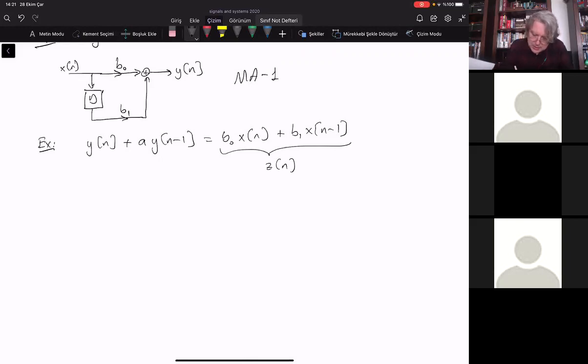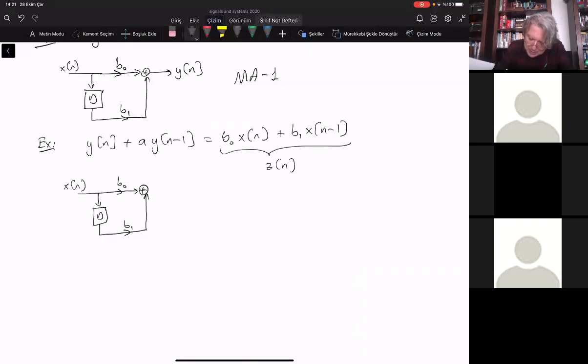So let's do it. I will repeat just the same shape that I have drawn over there, you see on the screen. X of n goes into the system. We tap with a delay, and the delayed version is multiplied by B1, and itself is multiplied by B0.